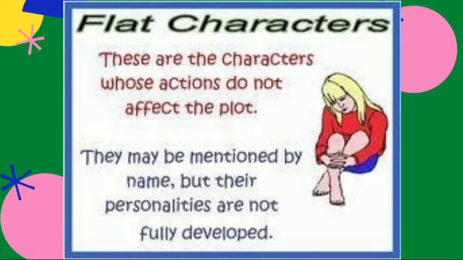The opposite of the round character is the flat character. This character does not change. He remains the same throughout the story. His principles do not change. He is also called the static character, while the round character is also known as the dynamic character. Major character.